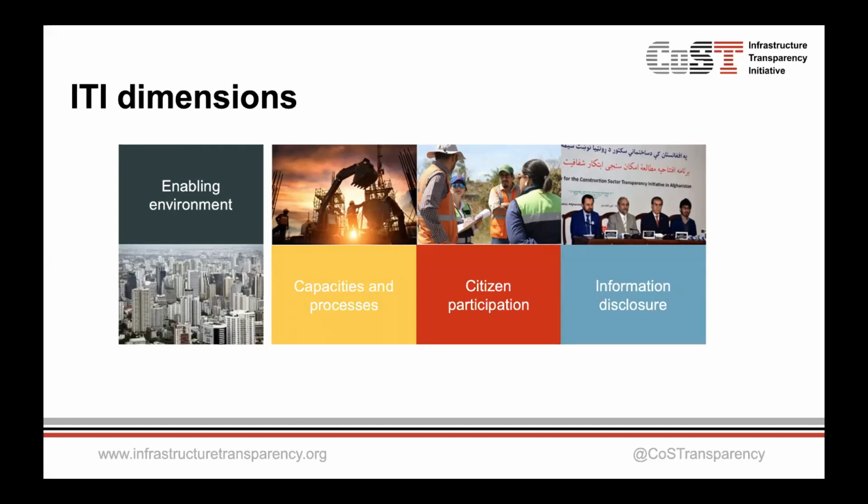It looks also at the way that procurement entities engage with citizen participation on infrastructure projects. And that's the third dimension. And the fourth dimension looks at the quantity and quality of information that's being disclosed by procurement entities on infrastructure projects.